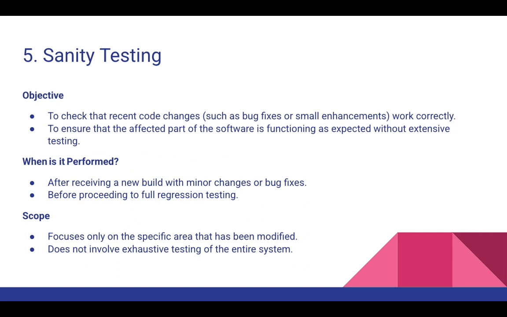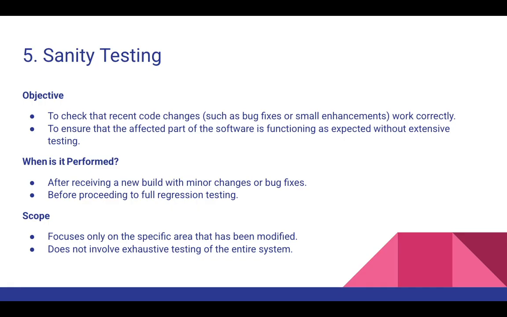We have to ensure that the affected part, that is a bug or small enhancement of functionality, is functioning as expected and it is not affecting the build, right? This is performed after we receive a new build with those minor changes or fixes or new functionalities. Okay, and again we do this before we do full regression testing.